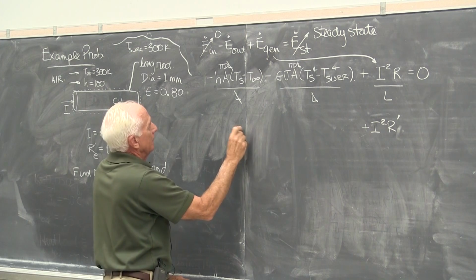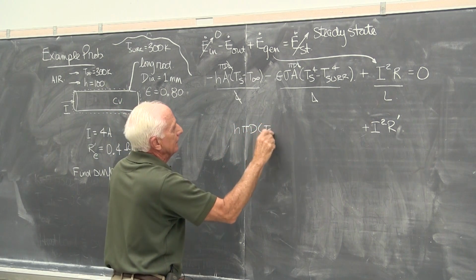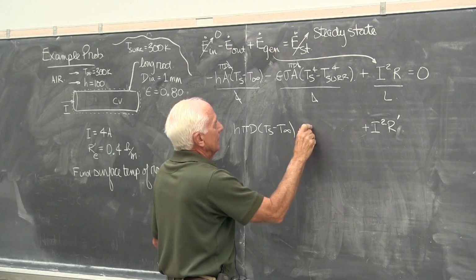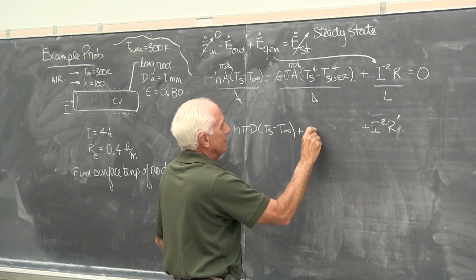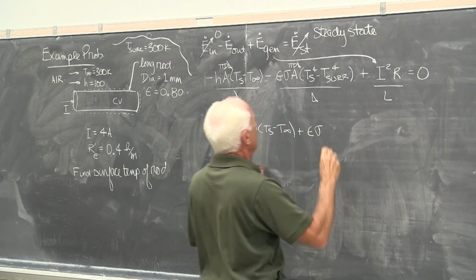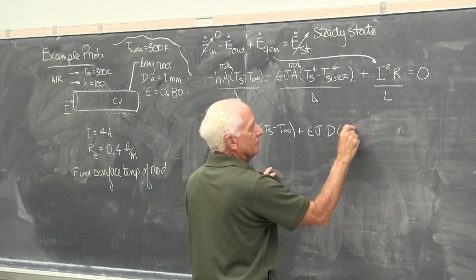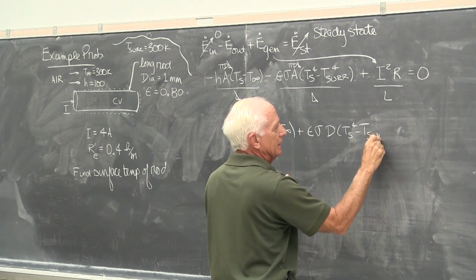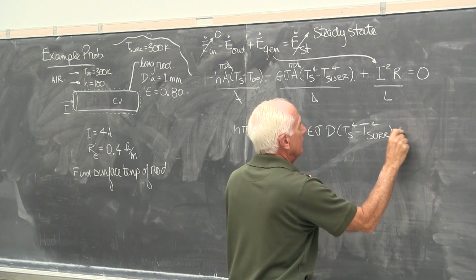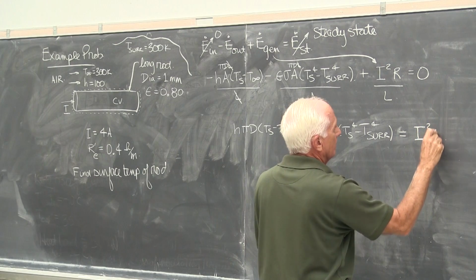So h pi d (Ts minus T infinity) plus epsilon sigma pi d (Ts to the fourth minus T surroundings to the fourth) equal I squared R prime.